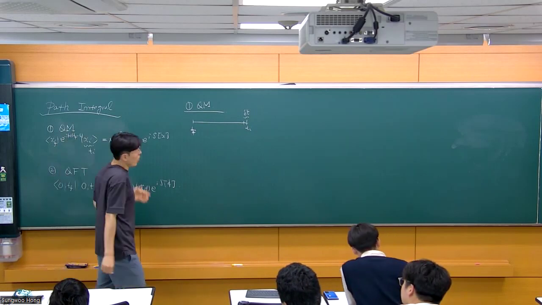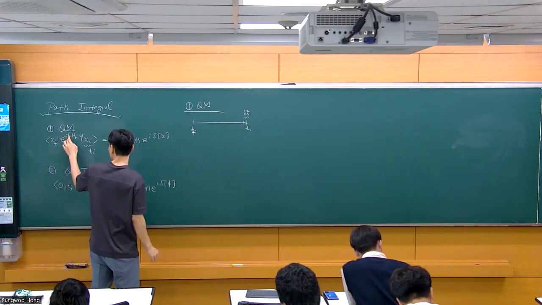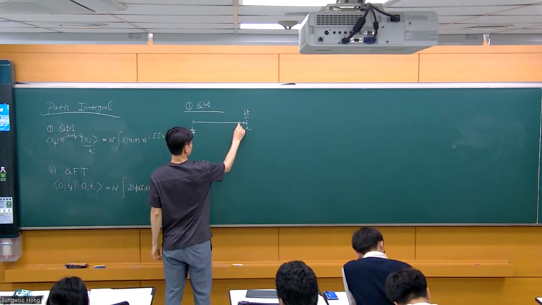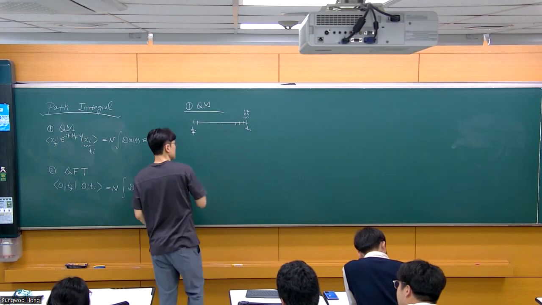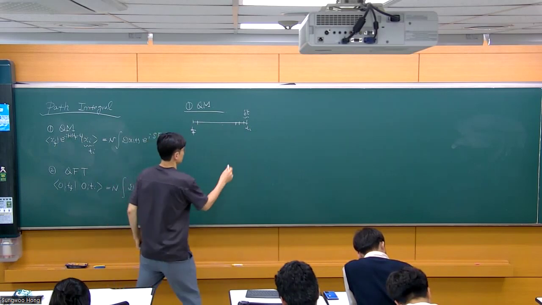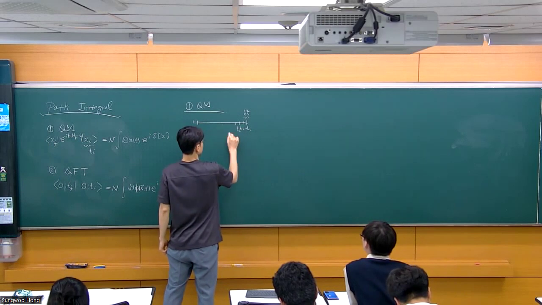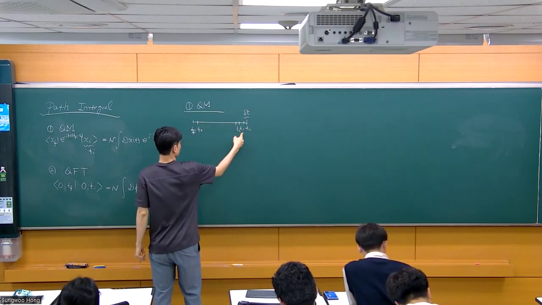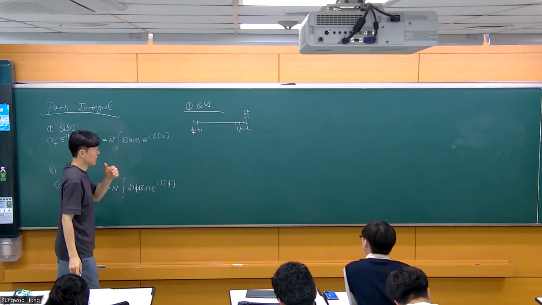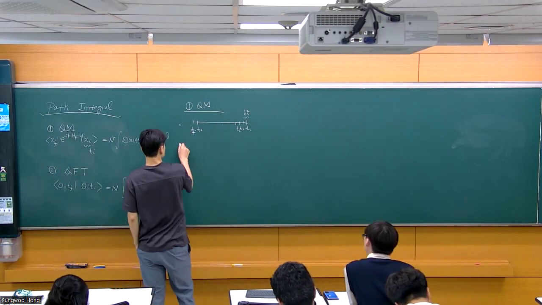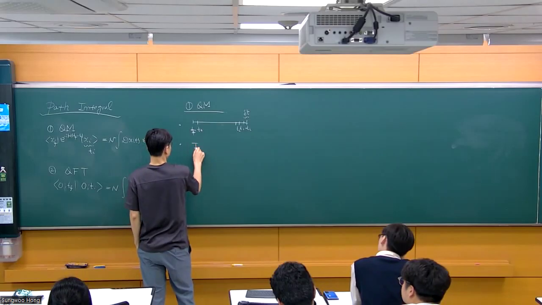Or you can just imagine that H is time independent and do this exercise anyway. Either way is fine. So I'm going to slice the time into n+1 slices, with t1 to tn inserted in the middle.